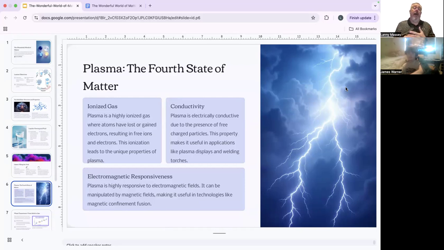Now, plasma is a glowing material. You've seen lightning, and some different types of light bulbs, like fluorescent light bulbs, are a plasma.